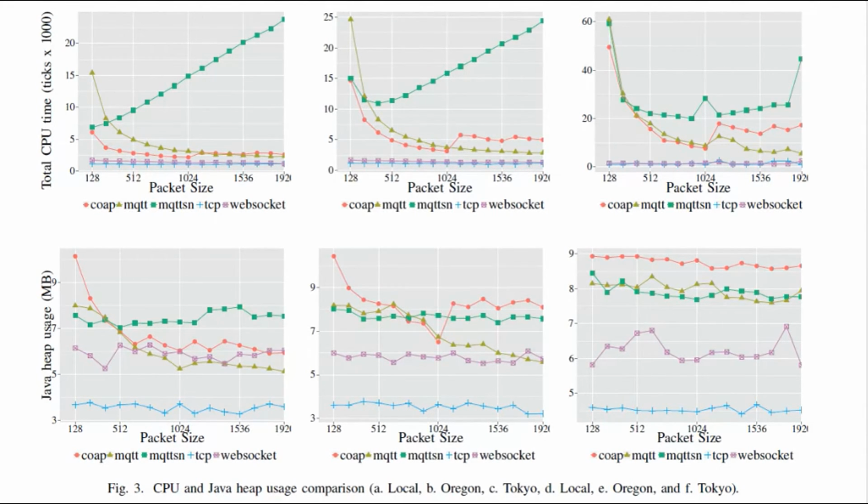CoAP requires more memory than other protocols when the client is connected to Oregon and Tokyo. Such patterns were not observed in performance, energy efficiency, and CPU time experiments due to fragmentation. The results show that CoAP's retransmission mechanism is mainly affected by memory usage rather than CPU usage.